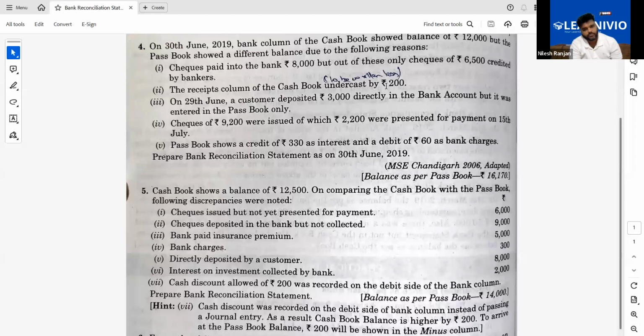We deposited, right? And we maintain the cash book. So where will we record it? If the transaction happened in the bank and we don't know about it, then it will be recorded in the passbook. If we are doing the transaction, then we will record it in the cash book.